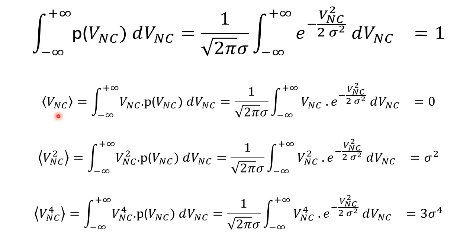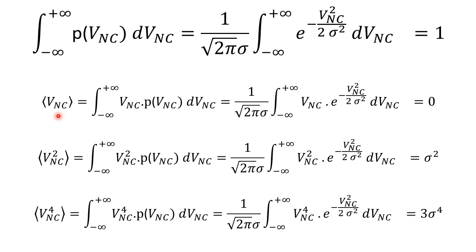Imagine I have 100 measurements, and you see that let's say 10 or 15 measurements are when VNC is 0. There are a few measurements with a particular value of VNC and so on. If you plot this distribution of the total probability of finding a particular value of VNC, you will see that it's a Gaussian distribution. That is precisely what I mean by a Gaussian noise.